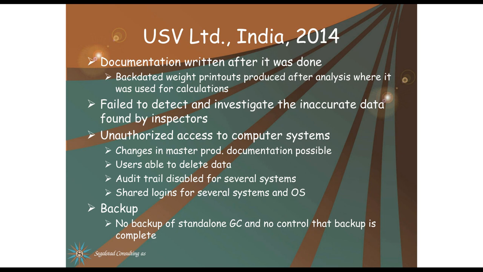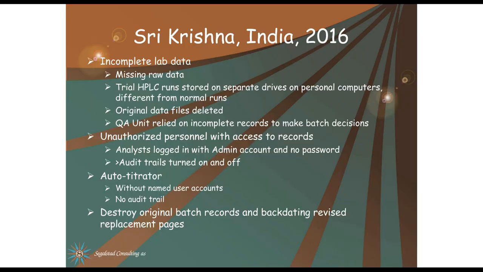The users were able to delete data. The audit trail is disabled for several systems. Shared logins for several systems and operating systems. There was no backup of standalone GCs and no control that backup has been complete.